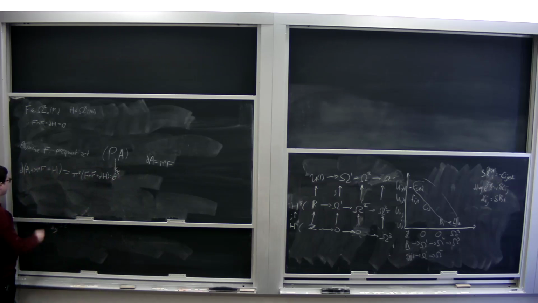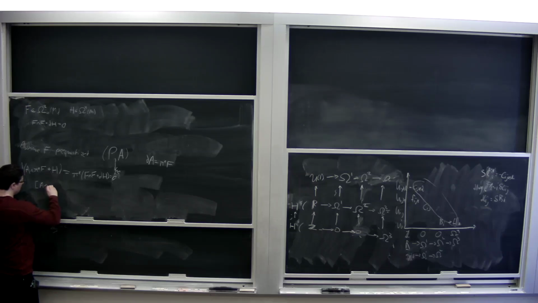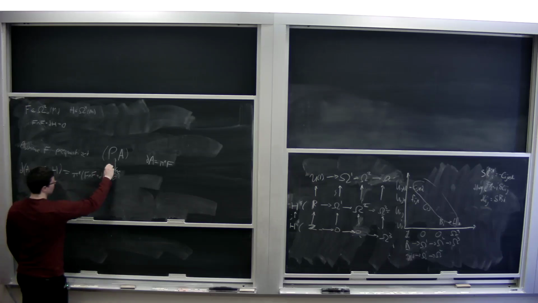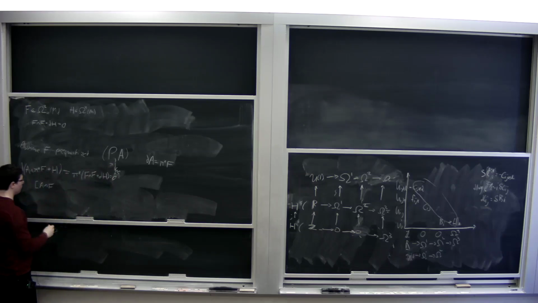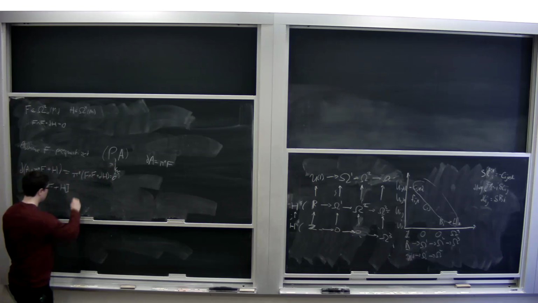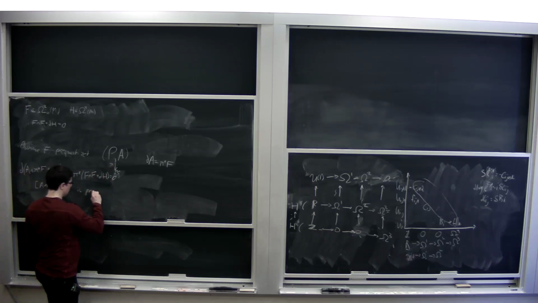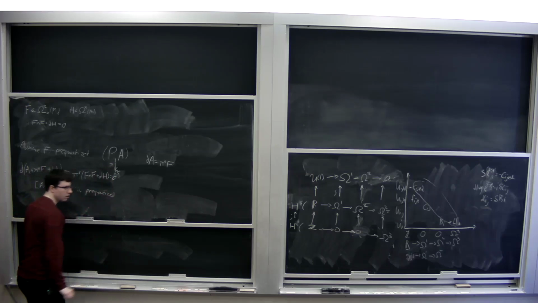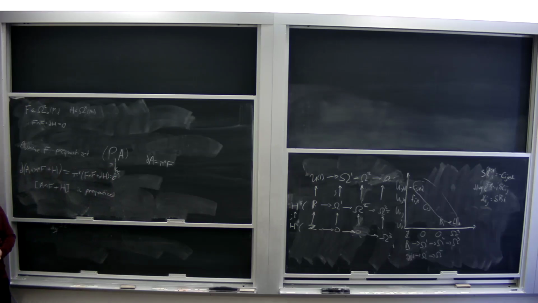So we can make the assumption that this class, A wedge F plus H, I'm going to suppress the pullbacks by the projection just to save space, is prequantized. So this by itself would give us a principal bundle on M and then a gerbe on top of that principal bundle, just by prequantization of a closed 3-form.